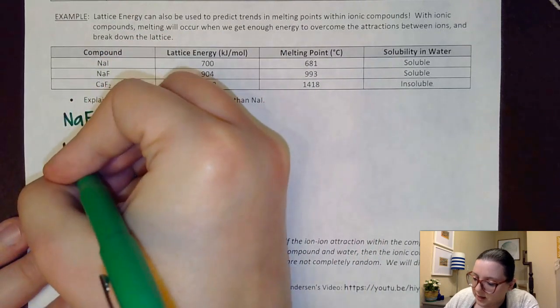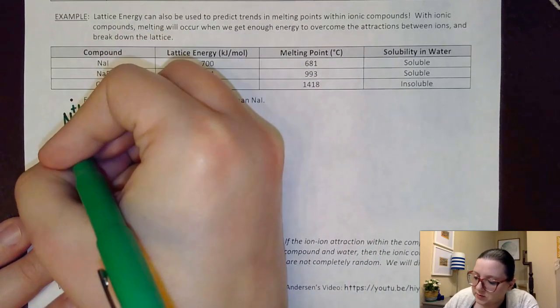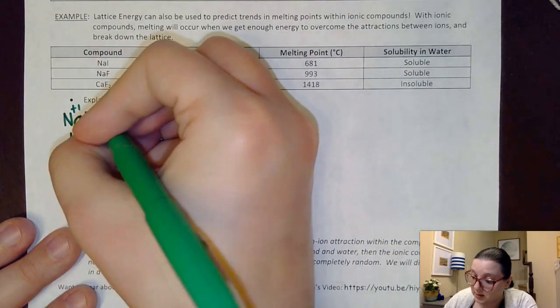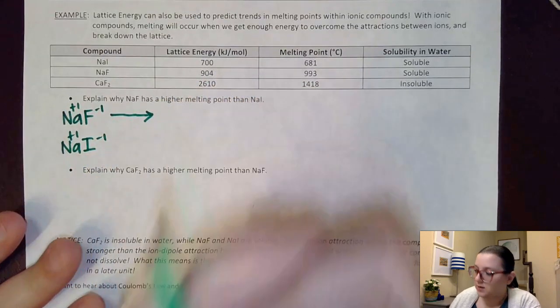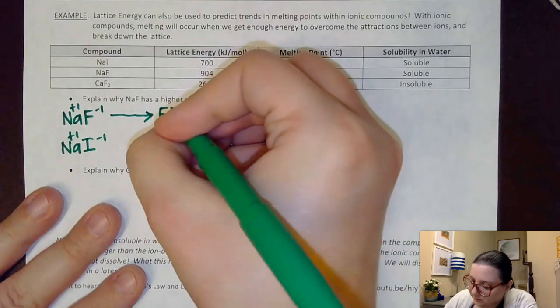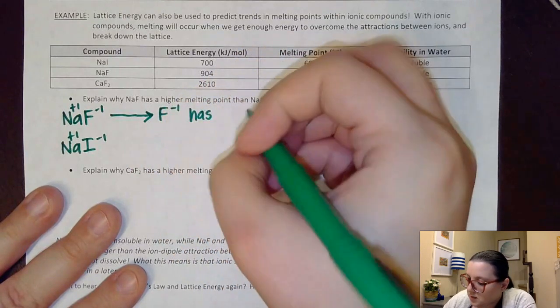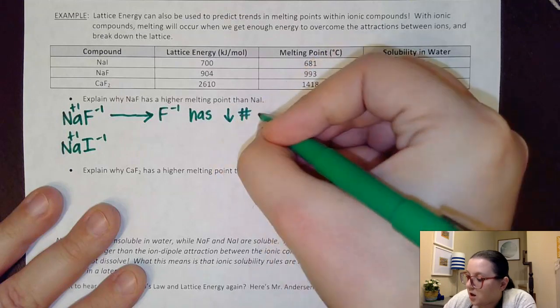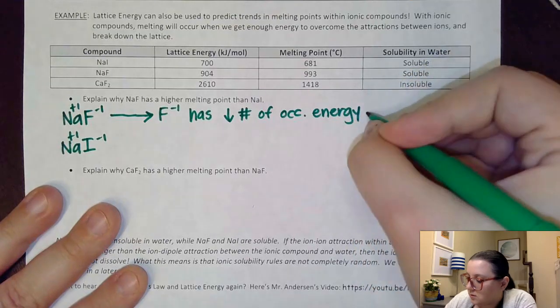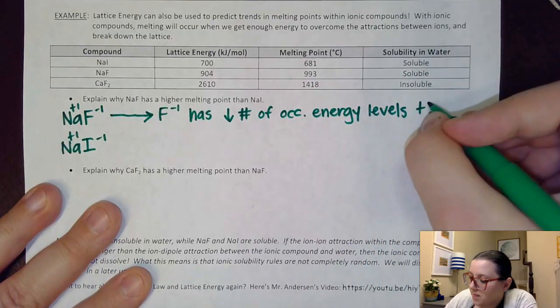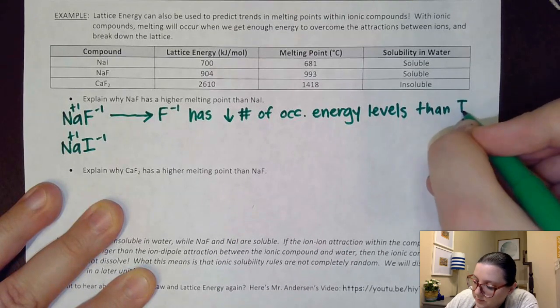NaF versus NaI. Both of them have sodium at +1 apiece, and then they have fluorine at -1 and iodine at -1. And so I see my magnitude of charges are the same. So what that means is I must be reasoning this out with internuclear distance. In thinking about my sodium fluoride, I know that fluoride -1 has a lesser number of occupied energy levels than the iodide.